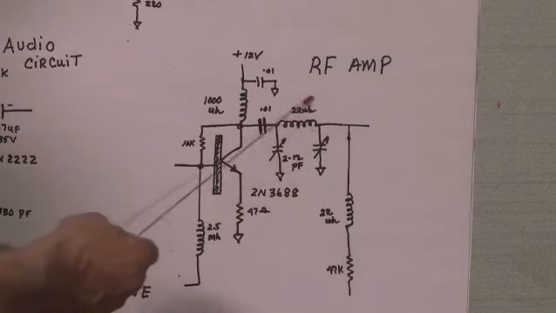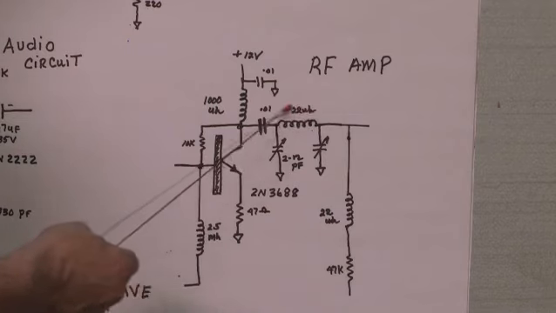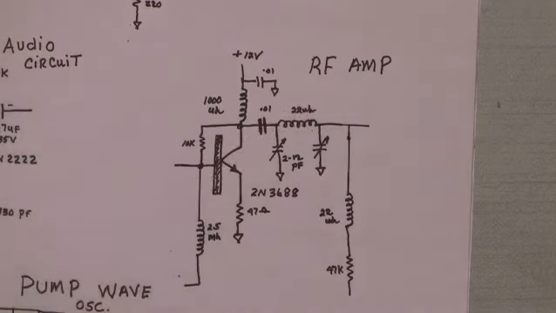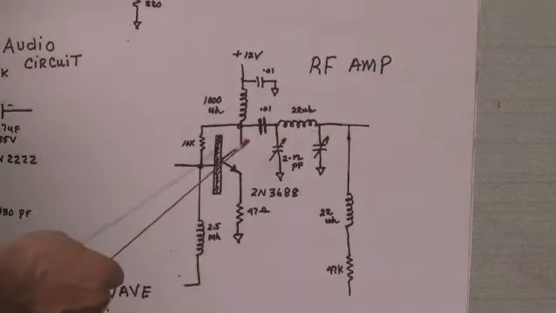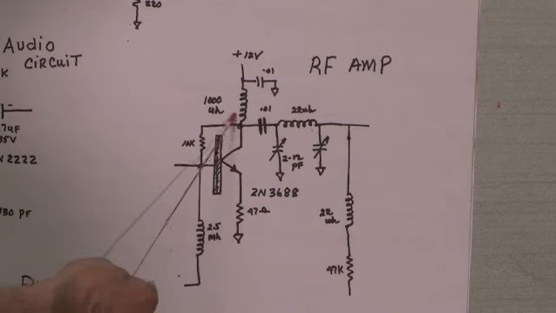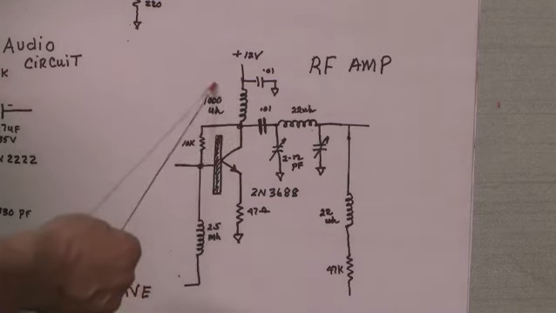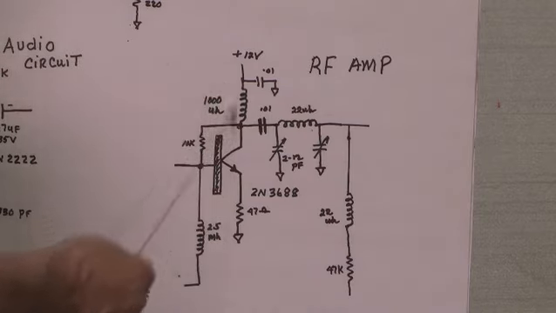Now normally this inductor would be higher than 22 microhenries, but since I wanted it detuned, because I want you to make up part of the resonance circuit, I made this as small as I could get away with. But I made this as big as I could get away with for current through here.